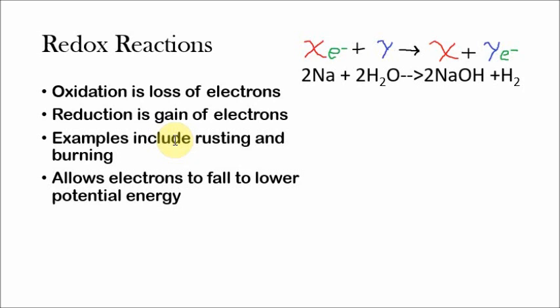It's losing electrons to the oxygen that's also involved in that reaction. The important thing about redox reactions is that they allow electrons to fall to lower potential energy, or lower free energy, depending on how you want to look at it. And what this does is it releases energy, usually in the form of heat or light, or ATP in the case of respiration.